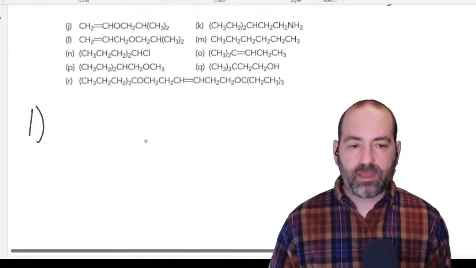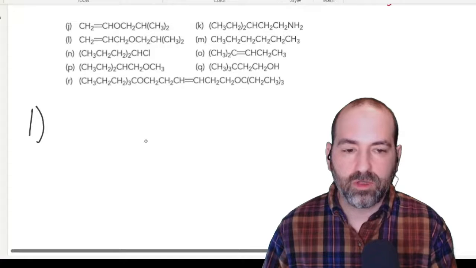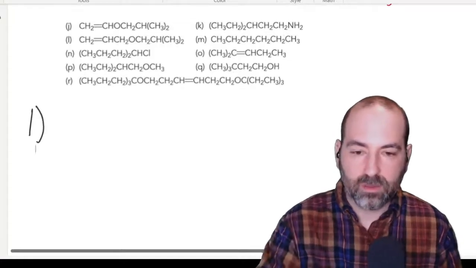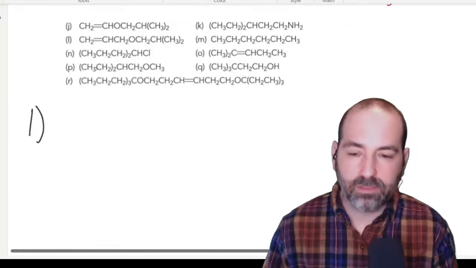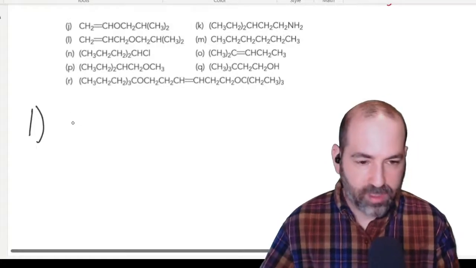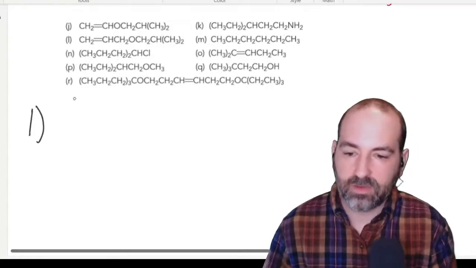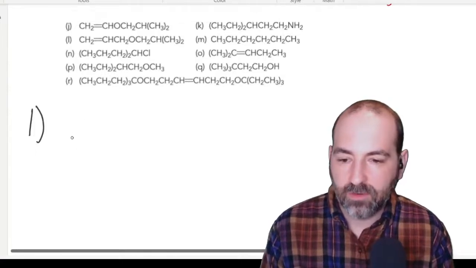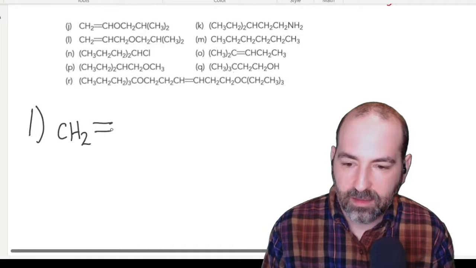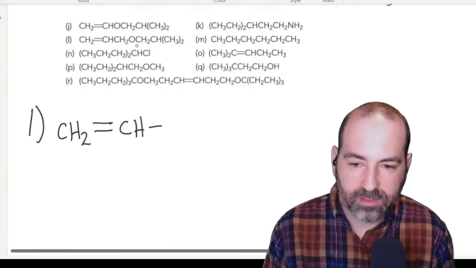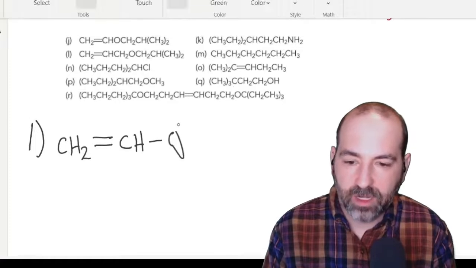As we talked about last time, the best way to do that is first to break it up into a condensed structure, but with the lines. That way we will be able to see how it's put together before we try to convert it straight to the line structure. So to do that, we basically leave it intact. We just add some lines to show how things are connected. So instead of it running all together, we just split it up a little bit.